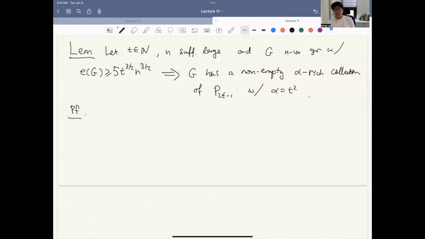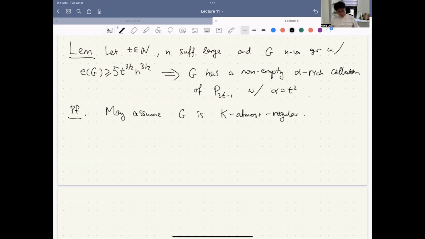Again, for bipartite graphs, by the regularization trick, we may assume G is K-almost regular for the bipartite Turán problem.